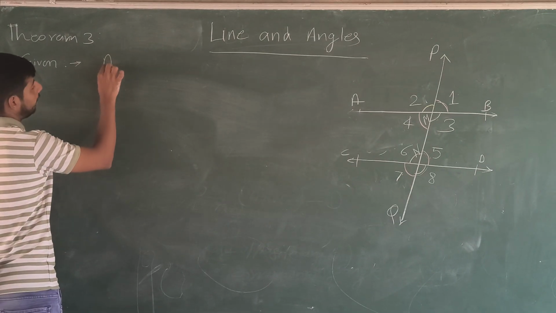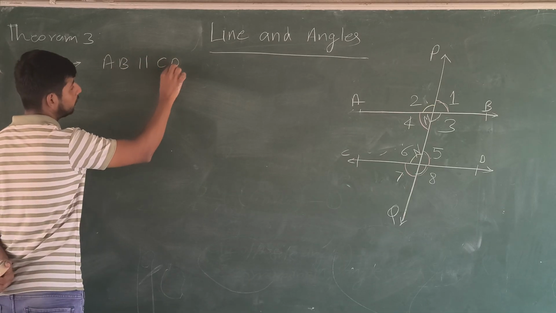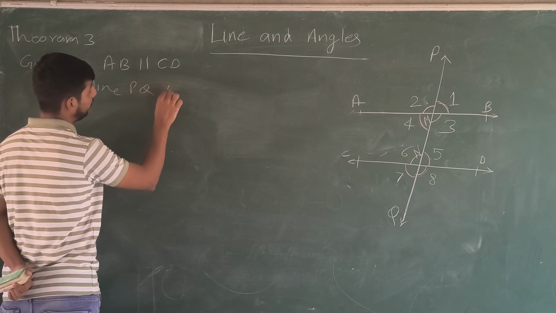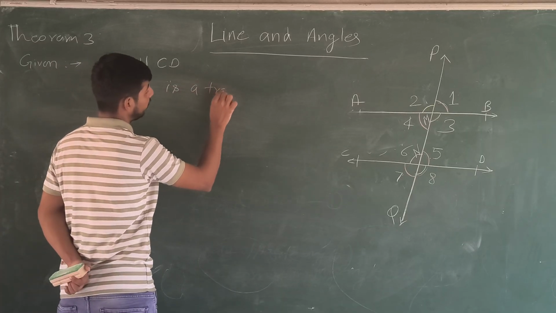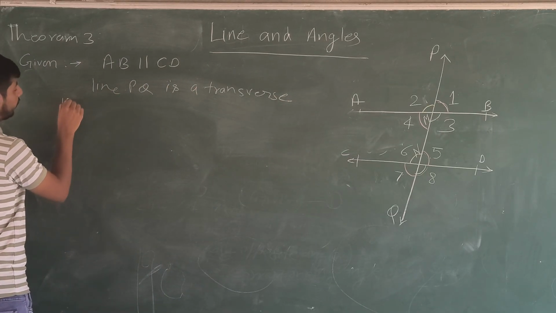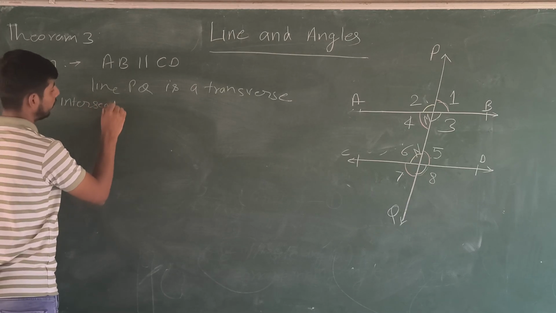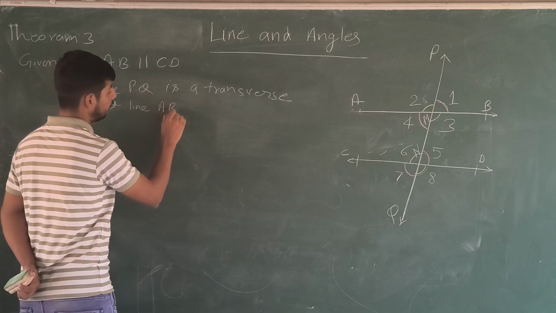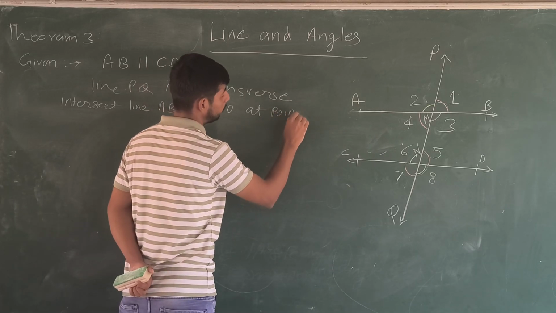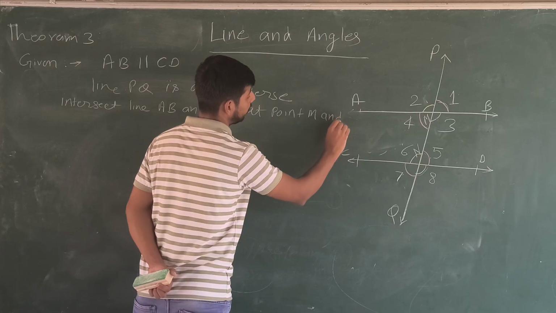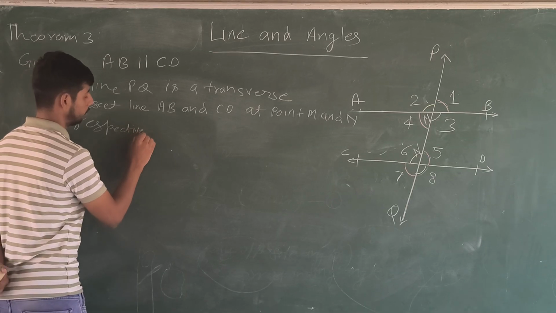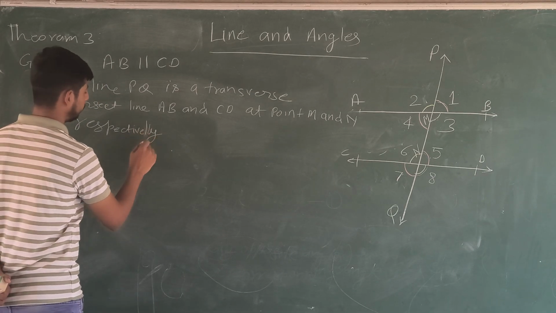So we can write in short: line AB parallel to CD, line PQ is a transversal intersecting lines AB and CD at points M and N respectively.